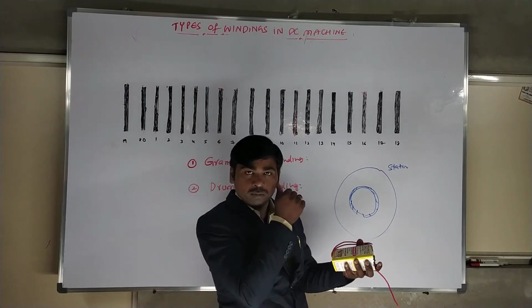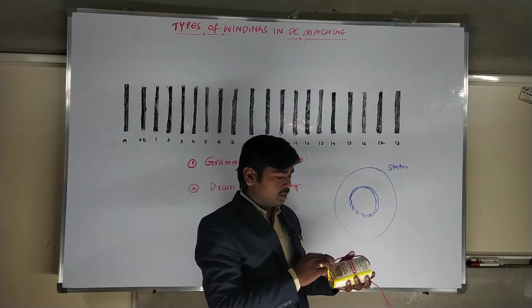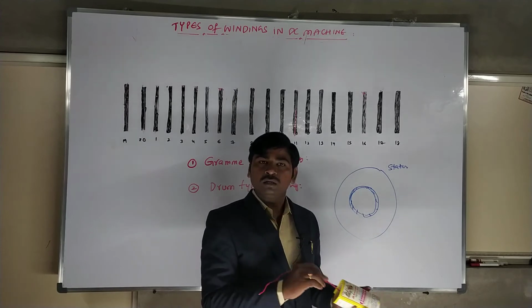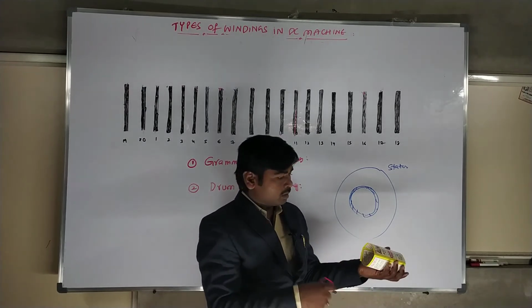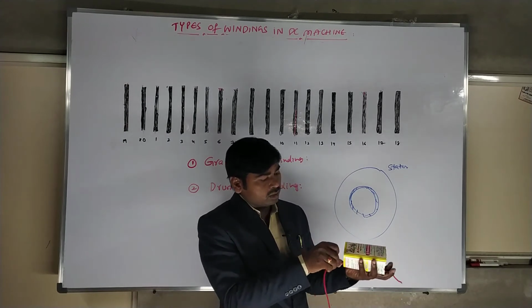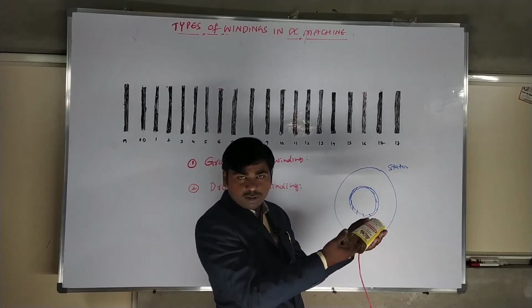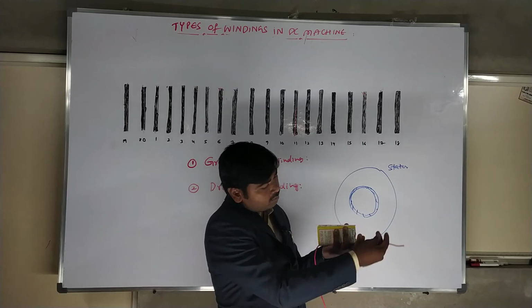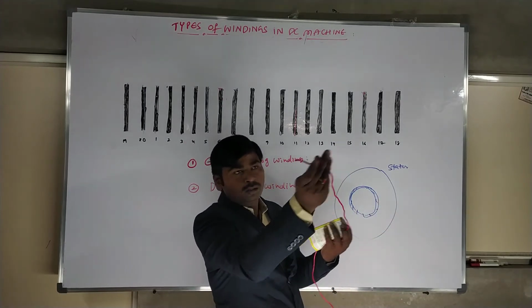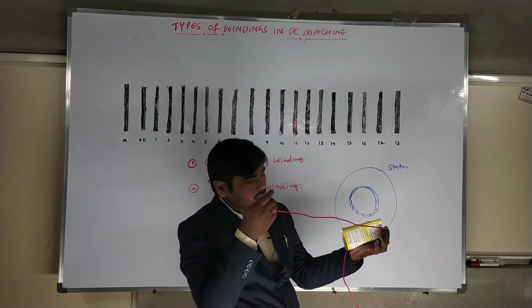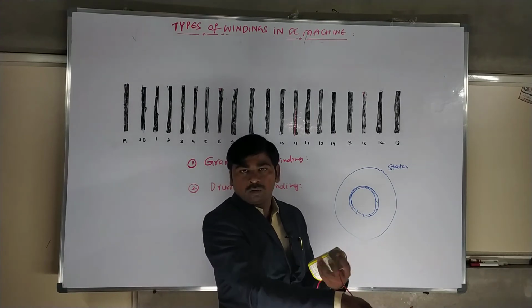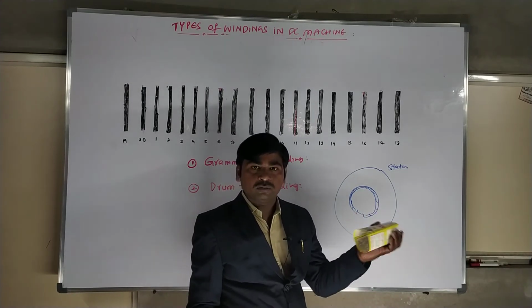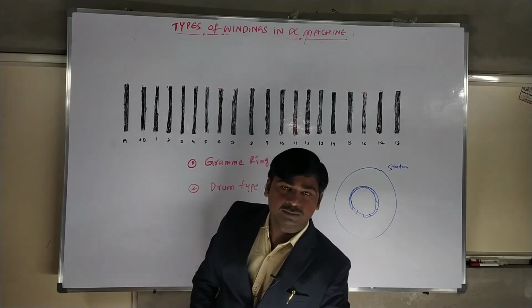It means the slots will be inside and outside of the rotor body, top and bottom. Inside the slots you keep the winding, then bring it outside, and again into the top slots. This type of winding is called a Gramme ring winding.